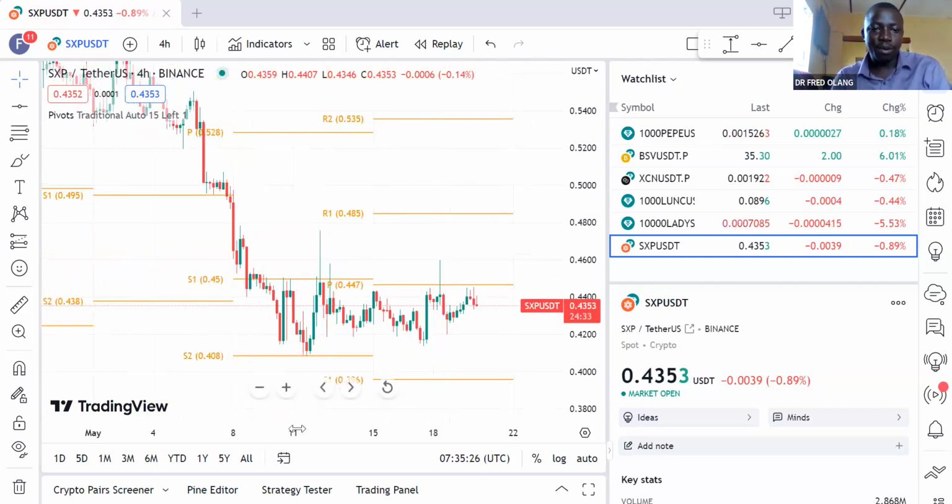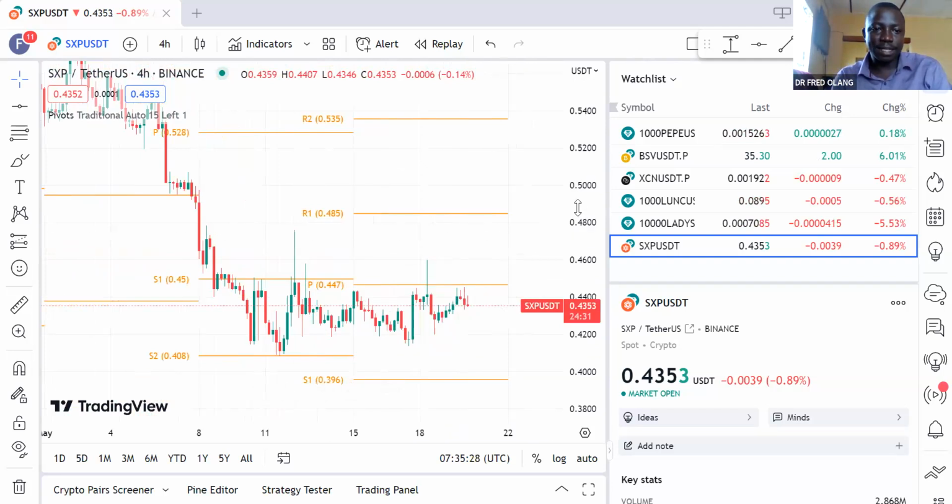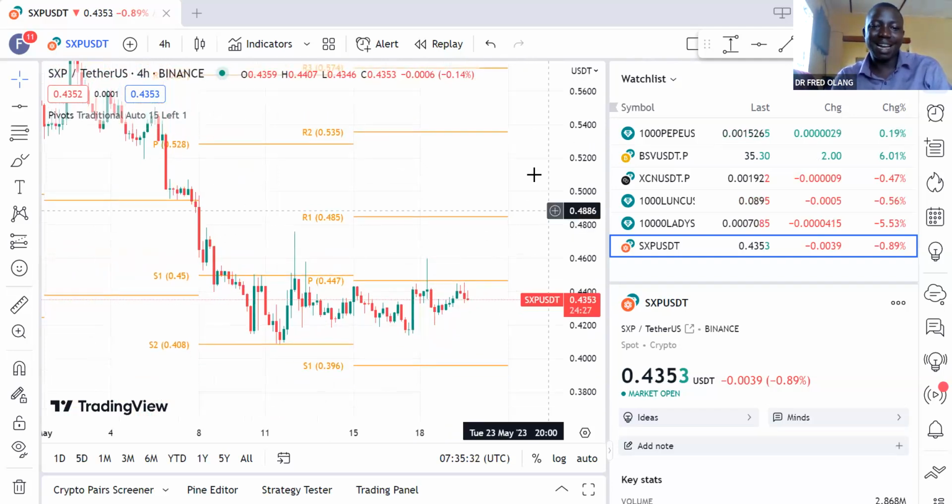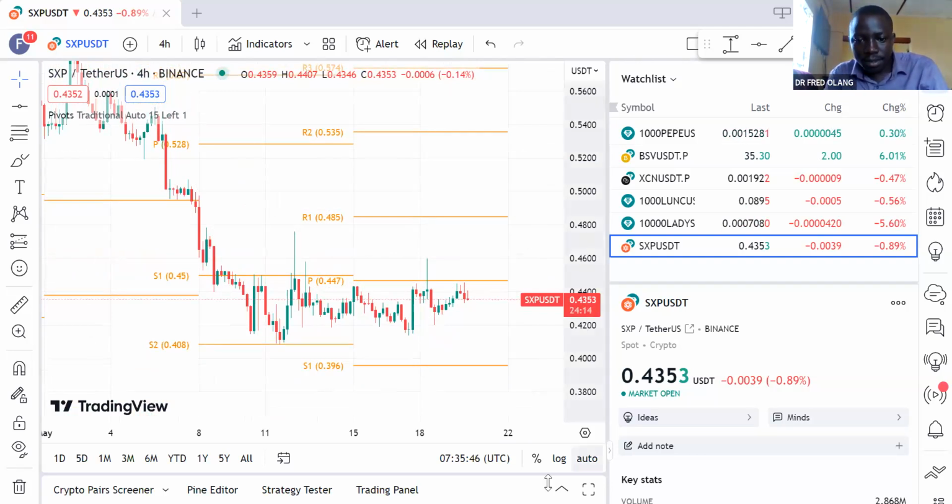How can you make wonderful trades? It's simple. Look at what happens when we go back to the support. You don't make entries until you see that we are back on the support. Let me just get something here and then I show you.